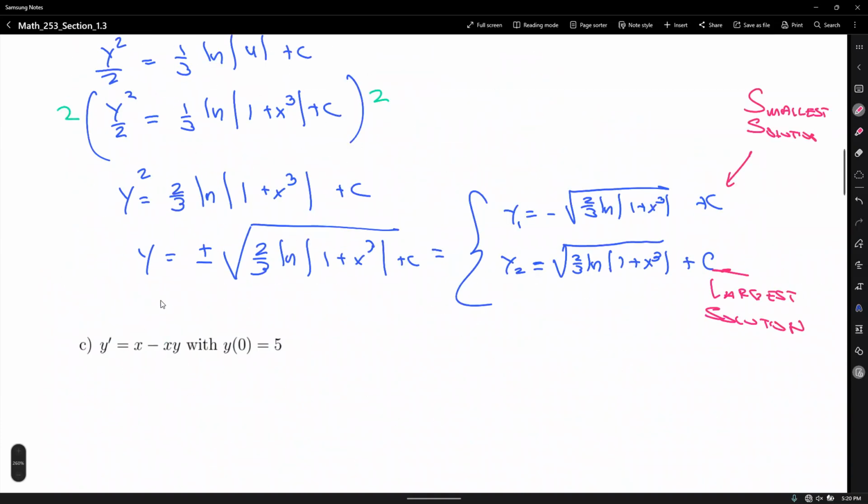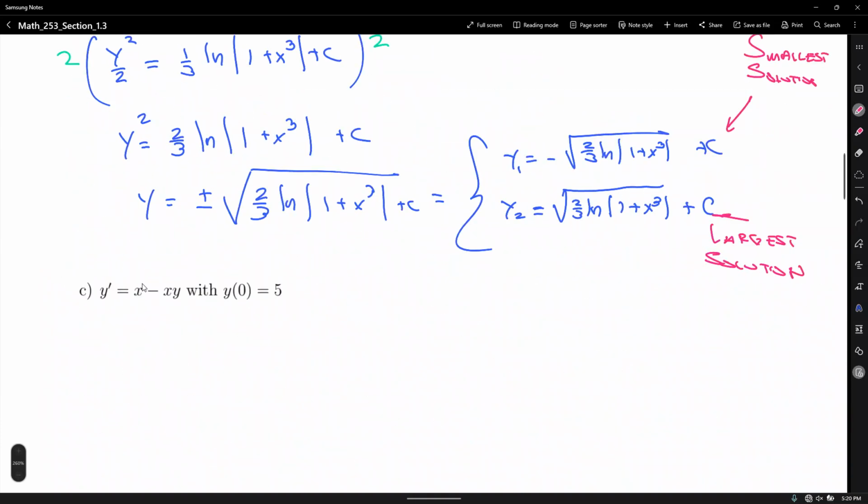So, example C. Notice the equation goes along with a condition. So this time, after solving the equation, we're going to look for the particular solution, the particular member of the family of solutions that contains the point (0, 5). All right? Okay, so let's go for it.